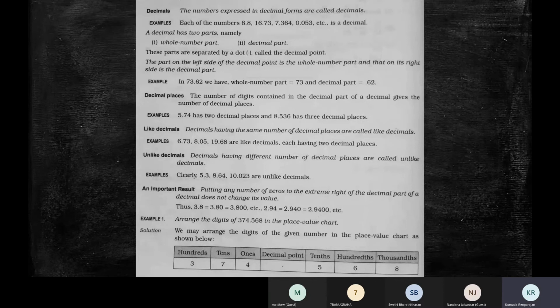So when you add zeros to the right of the number, the value changes. But if you keep adding zeros to the left, 05, 005, 0005, the value does not change.